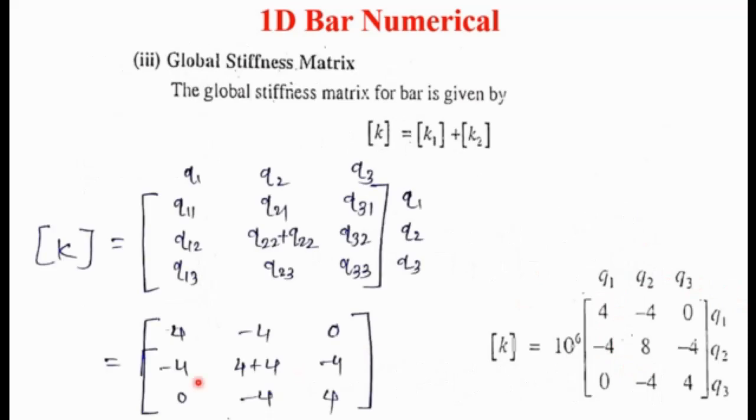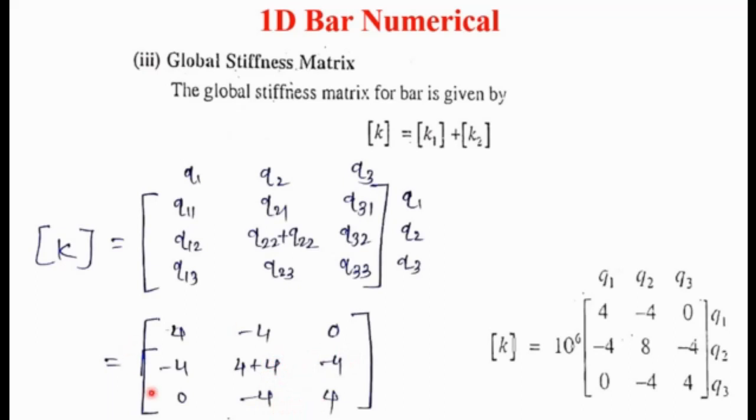The first matrix contributes 4, -4, -4, 4, and the Q3 entries are 0 here. For the K2 matrix, again we add 4, -4, -4, 4.